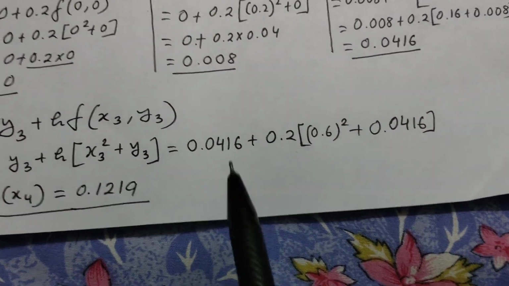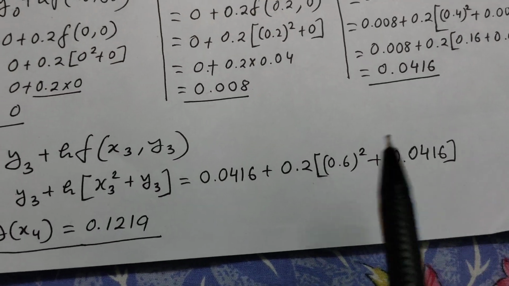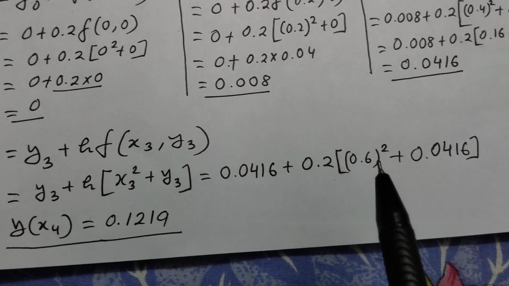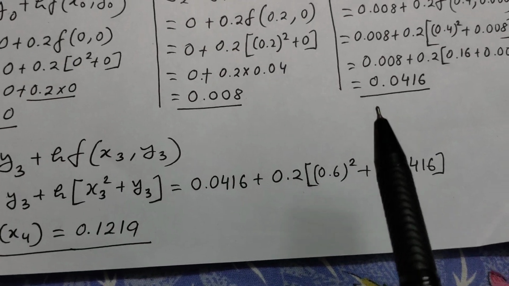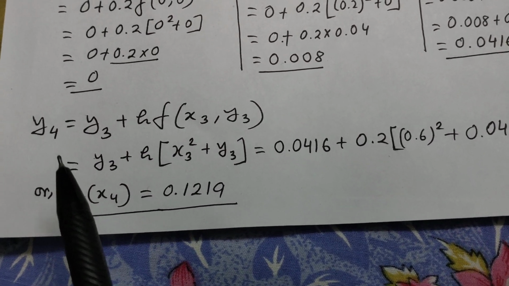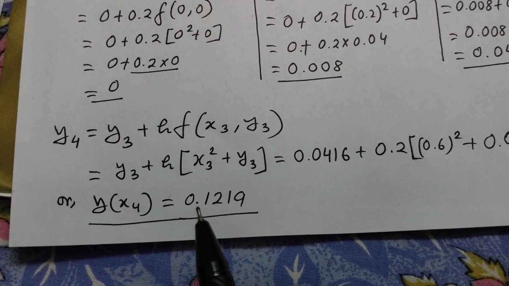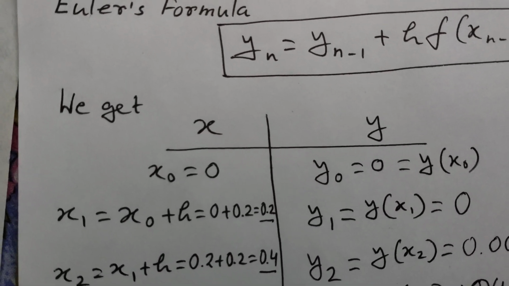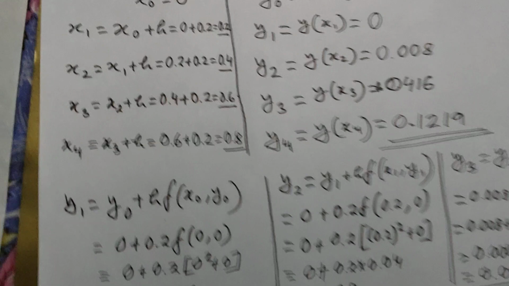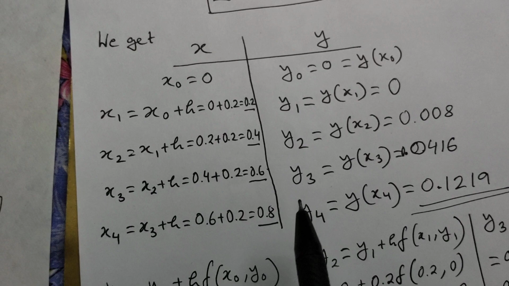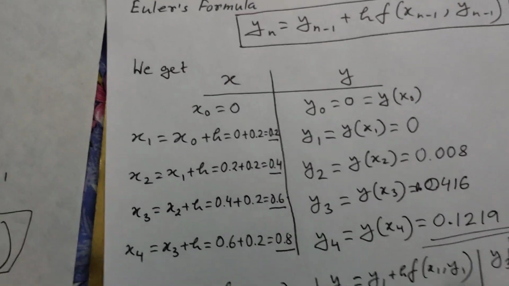So if we solve it, it will be 0.0416 plus 0.2 into 0.6 whole squared plus 0.0416, as we have got the value of y3, and finally y4 equals y(x4) equals 0.1219. So write it here, 0.1219, and that is the solution, right? So it is the solution for x4 equals 0.8, and this is the final answer.